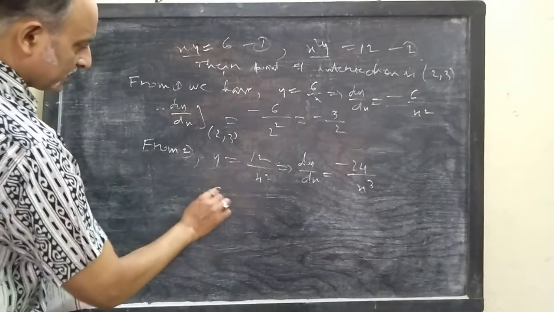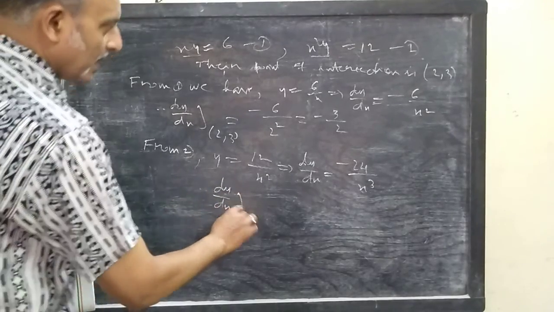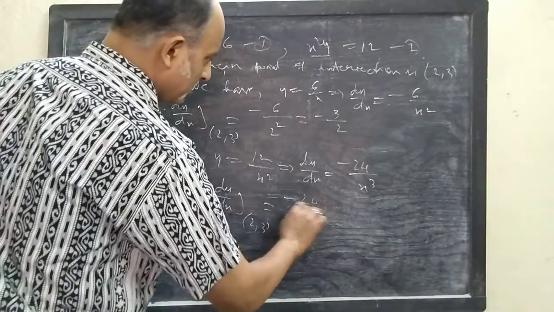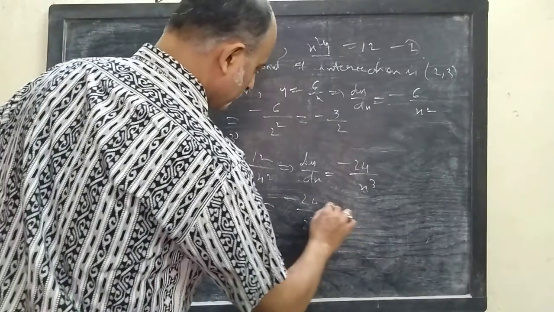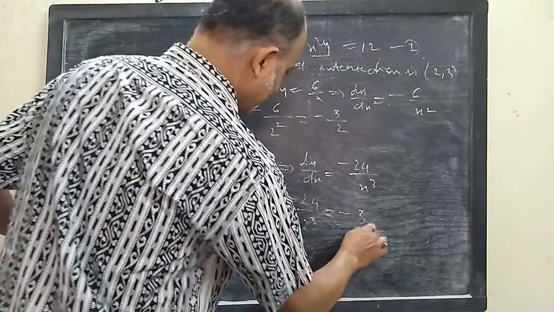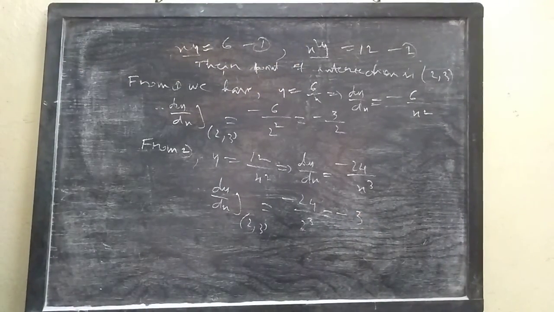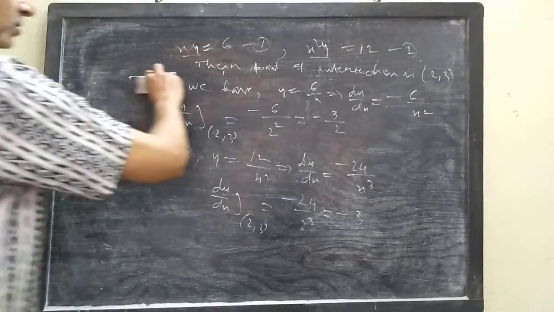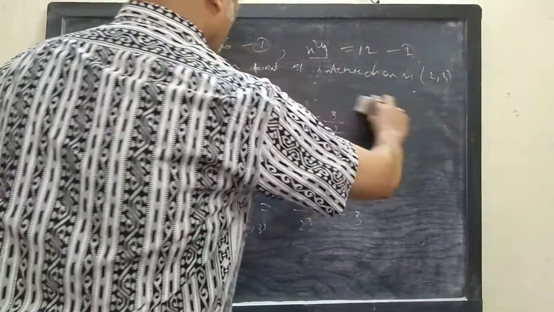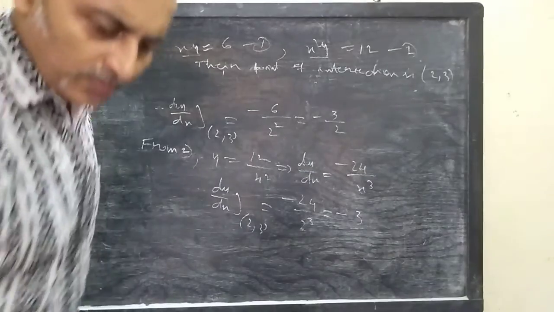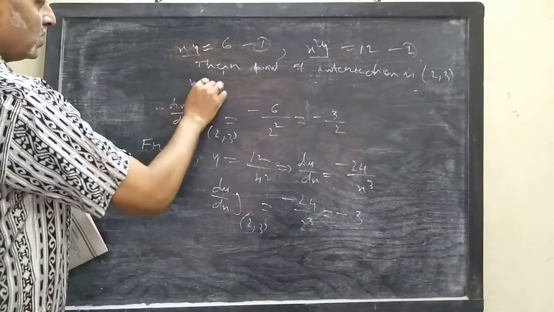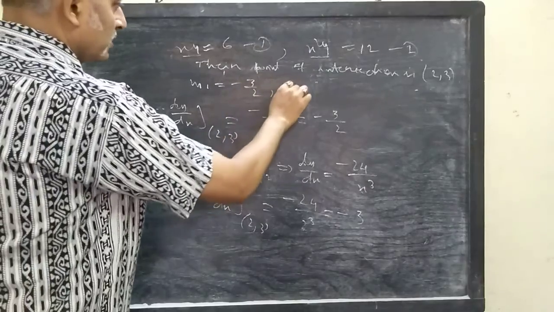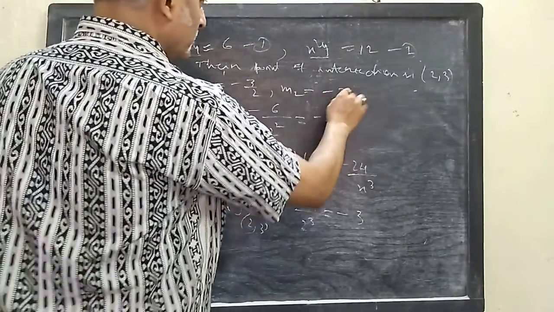Therefore, dy/dx at the point of intersection (2, 3) will be minus 24 by 2 cube, that is minus 3. So we get the two slopes. M1 equals minus 3 by 2 and M2 equals minus 3.